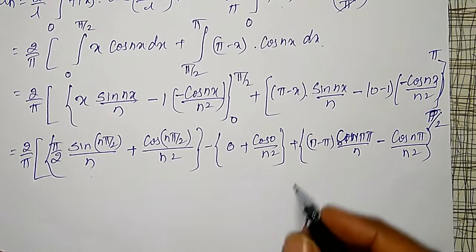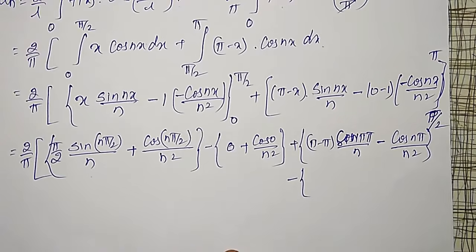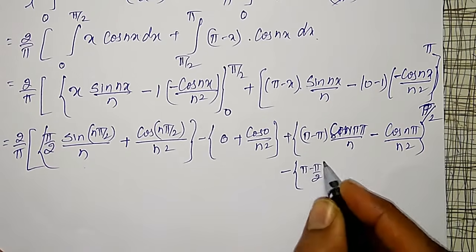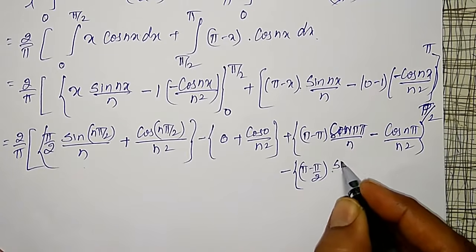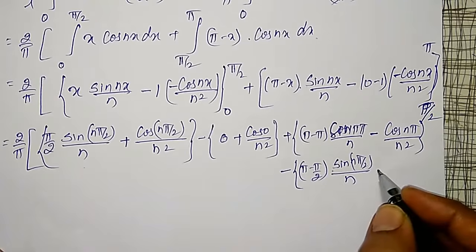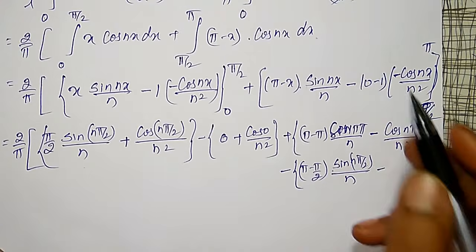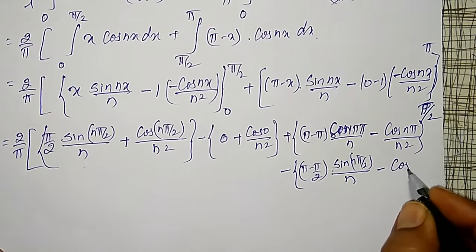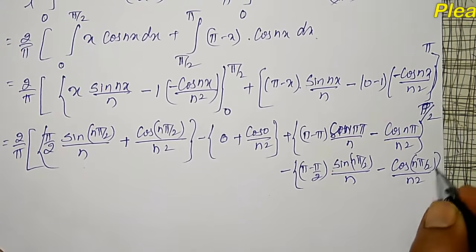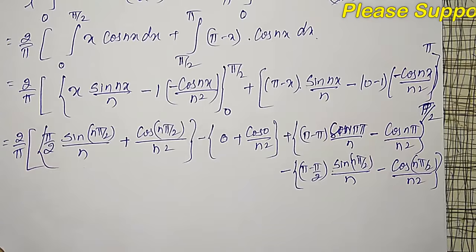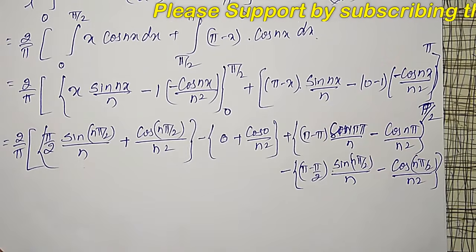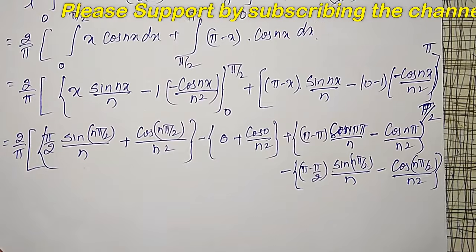This is the upper limit, minus lower limit x equal to pi by 2: pi minus pi by 2 into sin n pi by 2 divided by n, minus into minus, minus cos n pi by 2 divided by n square. This is my upper limit and lower limit substitutions. This one I have to evaluate step by step now.